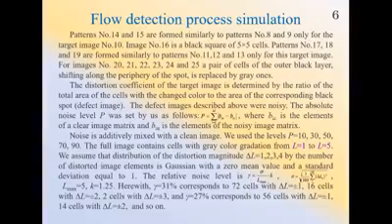The full image contains cells with gray color gradation from L equals 1 to L equals 5. We assume that the distribution of the distortion magnitude delta L equals 1, 2, 3, 4 by the number of distorted image elements is Gaussian with a zero mean value and a standard deviation equal to 1. The relative noise level gamma we calculated as shown on slide 6.